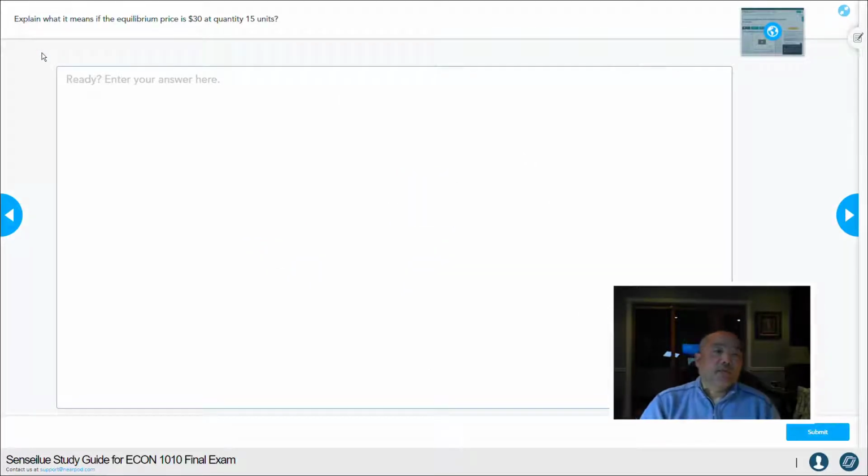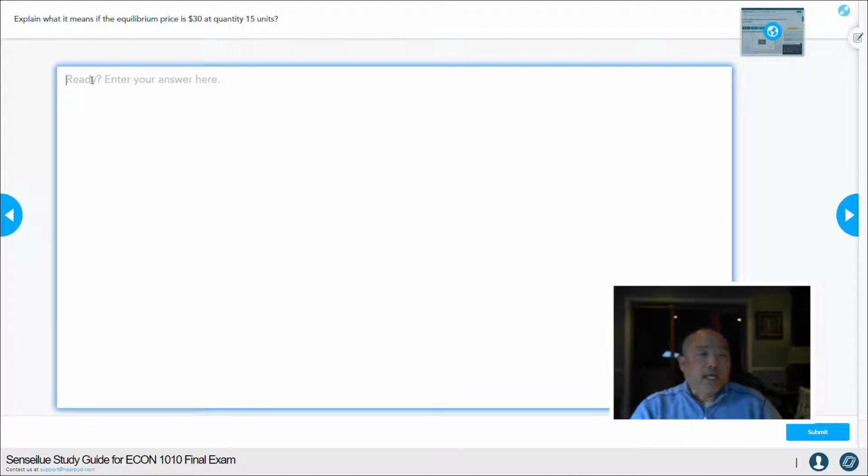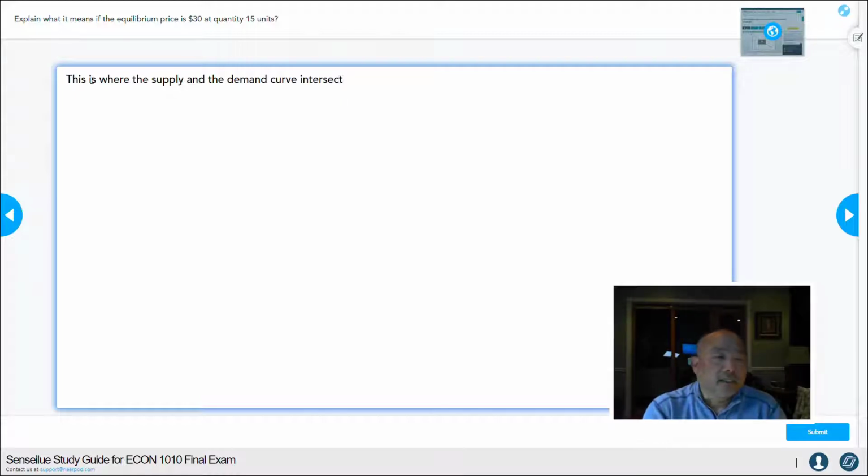So the question is, explain what it means if the equilibrium price is 30 and the quantity is 15 units. Well, this is where the supply and the demand curve intersect. Okay.